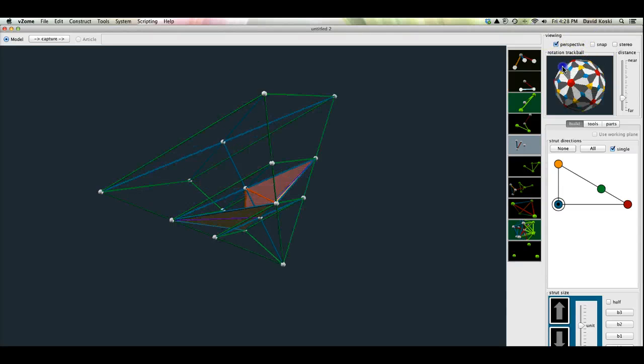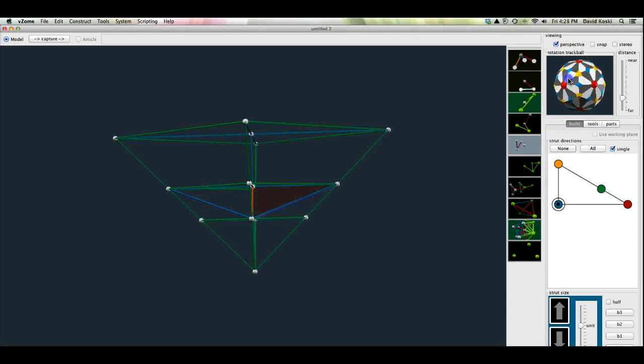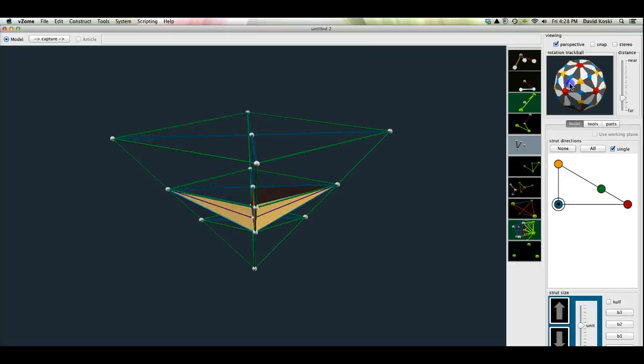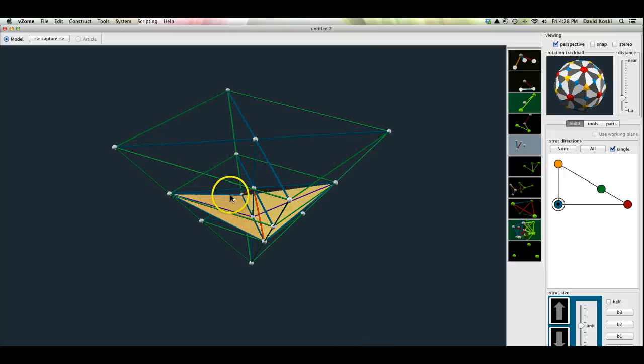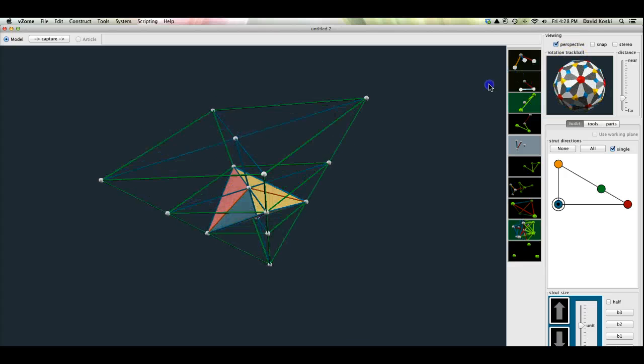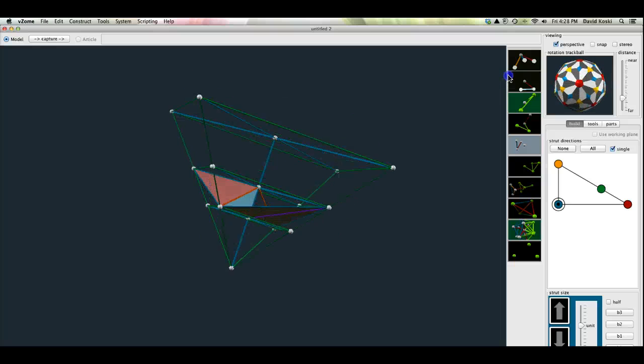What I find pretty interesting here is that this tetrahedron right here, and there are 4 of them, is equivalent to an E module, but it's a peculiar E module, and this one is actually the P module of the PQR peculiar E modules.